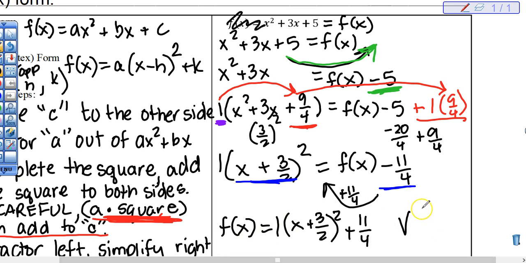Identify the vertex. So what is my parabola doing? Shifting off of 0, 0. My vertex is shifting off of 0, 0. Which direction? Left 3/2, and then up 11/4. You're just using your transformations. Does it have a stretch? Nope. No stretches, no reflections. It's done. It's much friendlier.